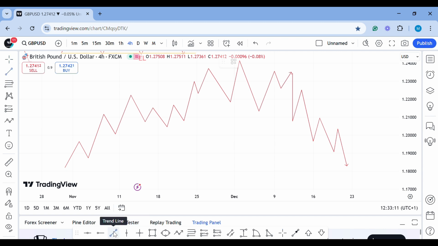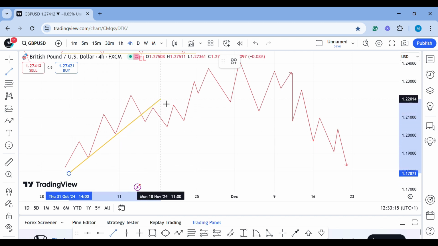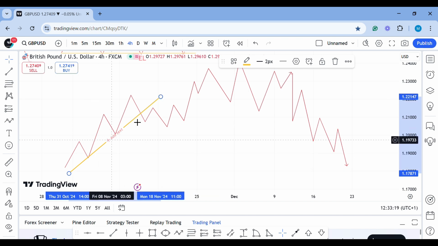So if you plot your trend line like this, you can see, okay, you identify that we have one touch, two touch. Remember, two touches of a trough and two touches of a peak make a valid trend.